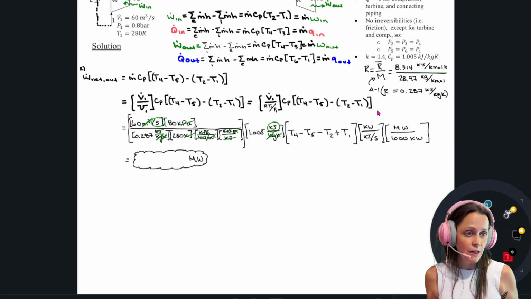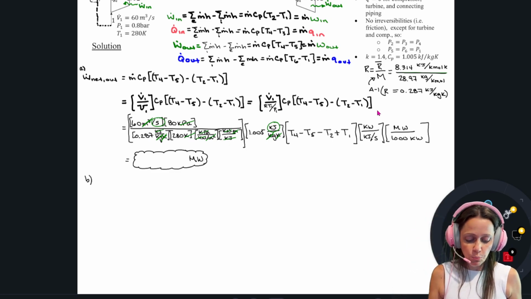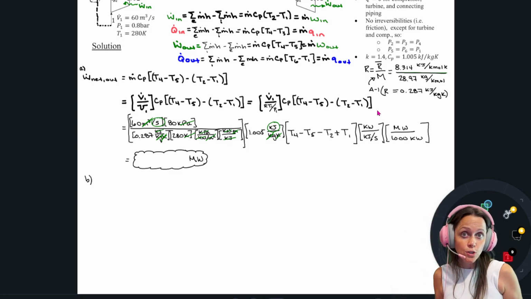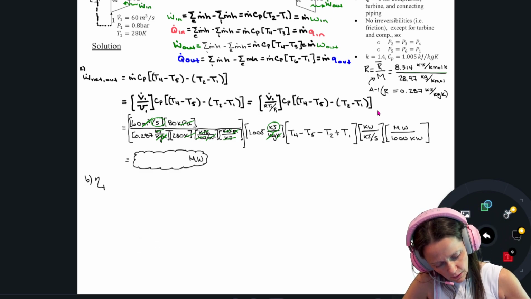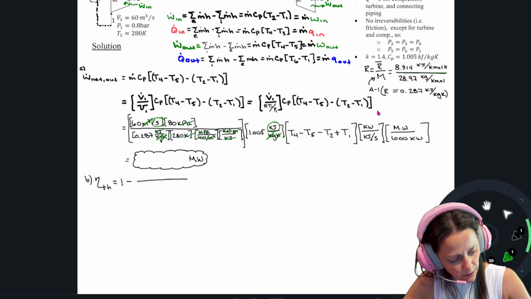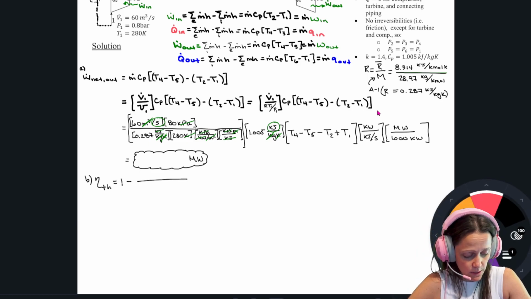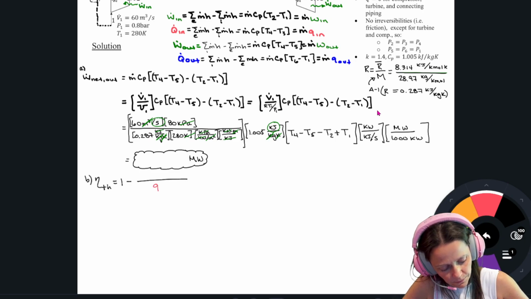Next, I'm supposed to find the thermal efficiency. Let's go ahead and get that. You could put it in terms of work net out over Q in, or you can put it in terms of 1 minus Q out over Q in. It doesn't really matter. It's probably a good idea to calculate it both ways and see if you get the same thing.